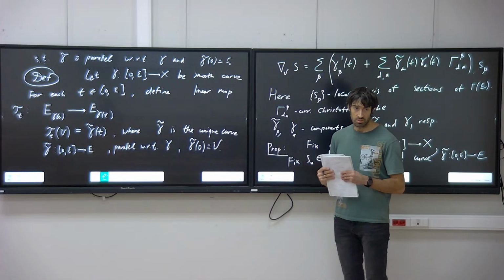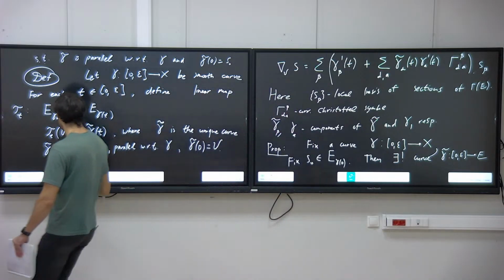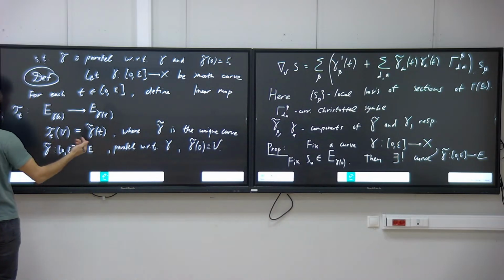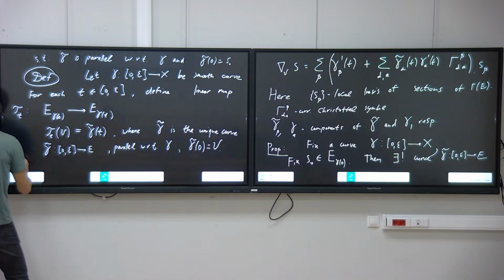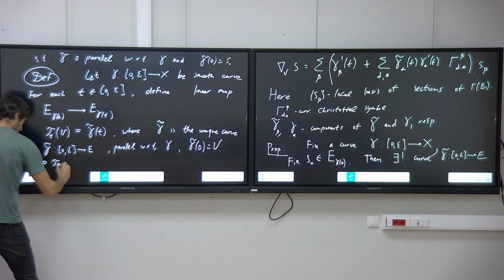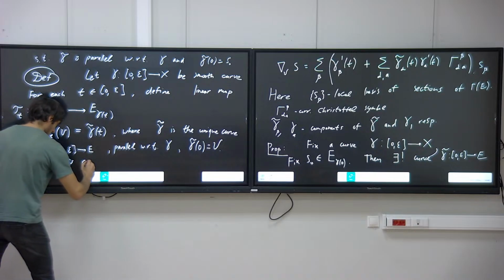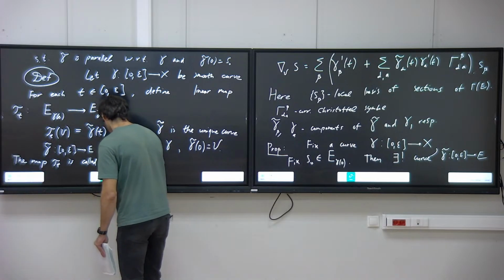Okay, and so I define it, and now I need to give the name. So the map tau t is called the parallel translation.